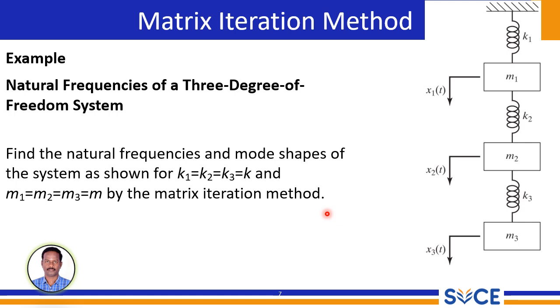The following slides will walk us through the steps of applying the matrix iteration method to this specific 3 degree of freedom system. This example will provide a concrete illustration of how the abstract concepts of the matrix iteration method are used to solve real-world engineering problems involving vibrations.